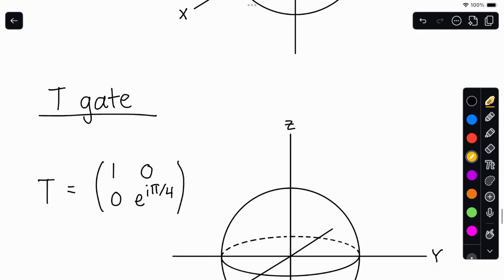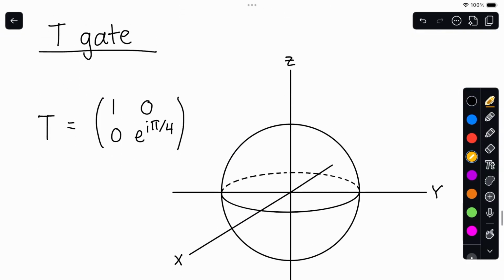And then the T gate is a 1/8 rotation around the z-axis. So if we start in the plus state, we rotate 45 degrees and end up here. Now that we've covered these 6 foundational gates, let's move over to the coding notebook and put this into practice.